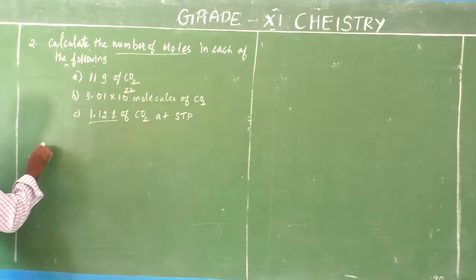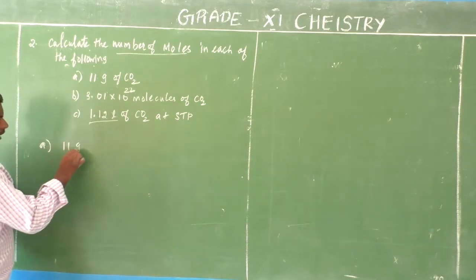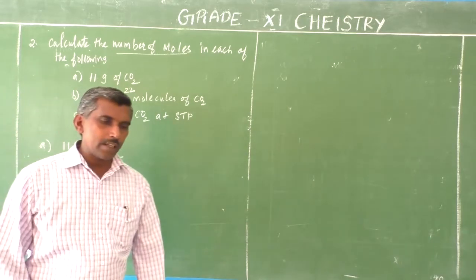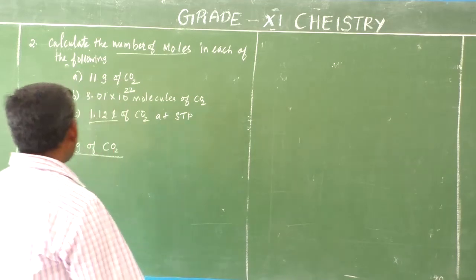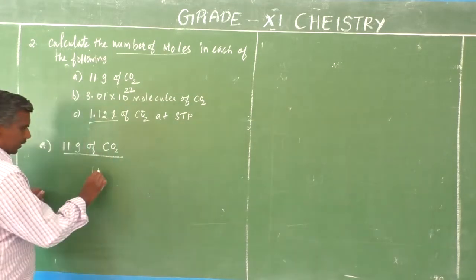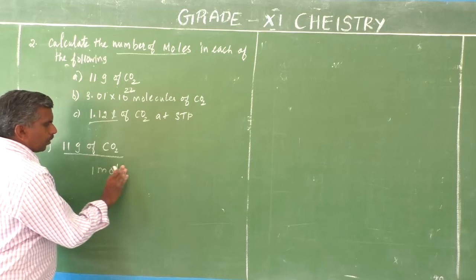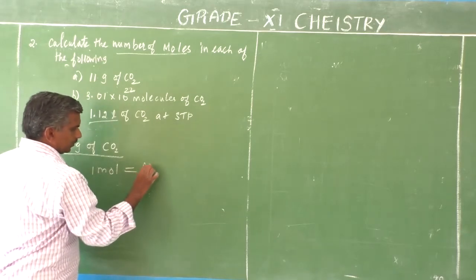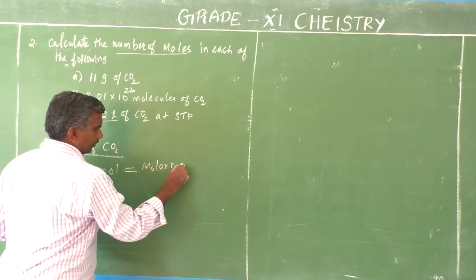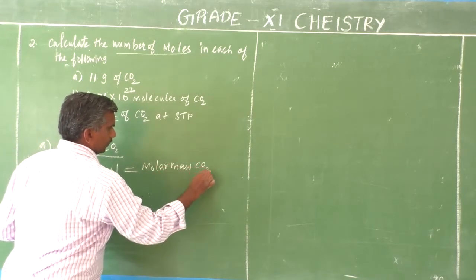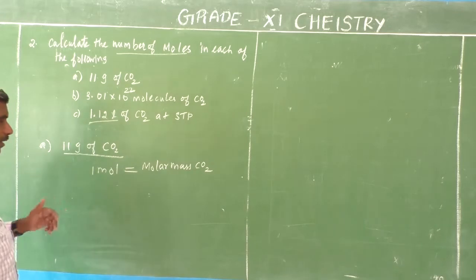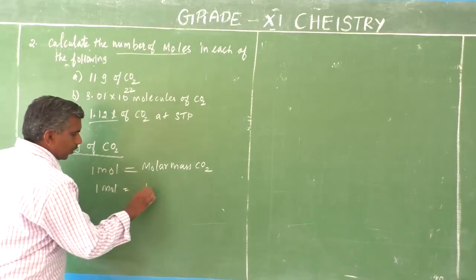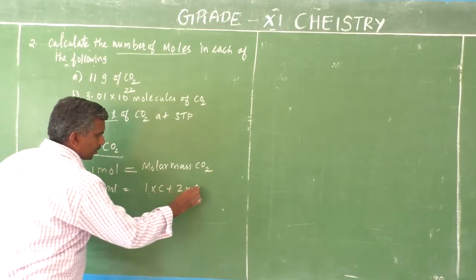Now the first sum: 11 gram of carbon dioxide. You find the number of moles. You know, 1 mole is equal to the molar mass of carbon dioxide. Molar mass is the atomic mass: 1 carbon plus 2 oxygen.